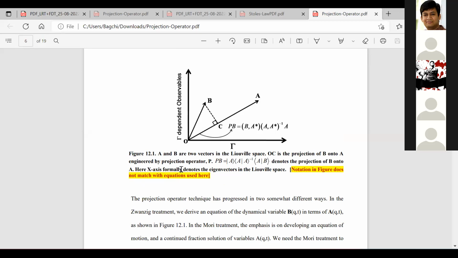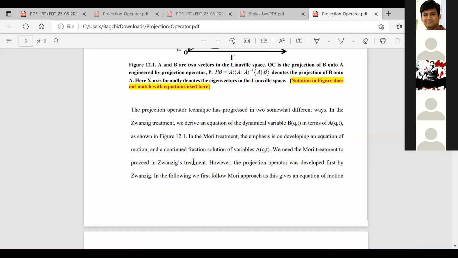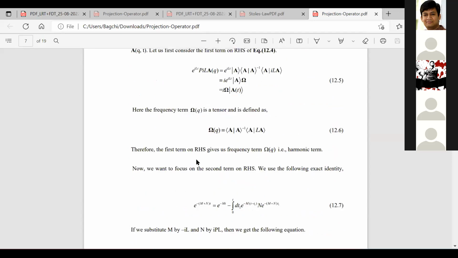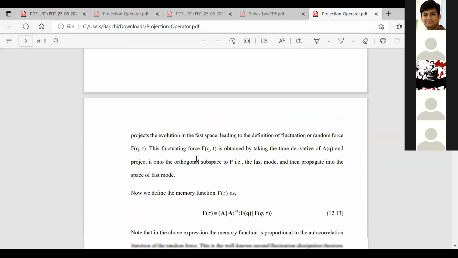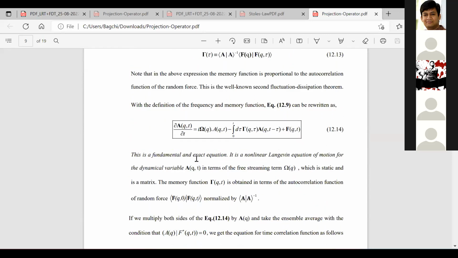I need an equation of A, and A itself is a system of variables. This procedure leads me to an equation of A. It's a rather elaborate but exact procedure to derive an equation of motion for this variable A, in terms of which are within the A and which is orthogonal to A.